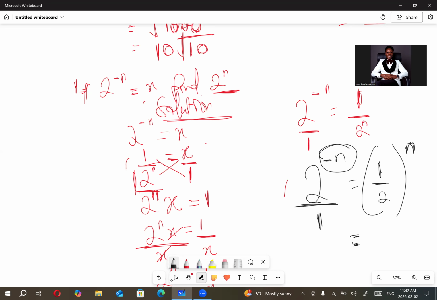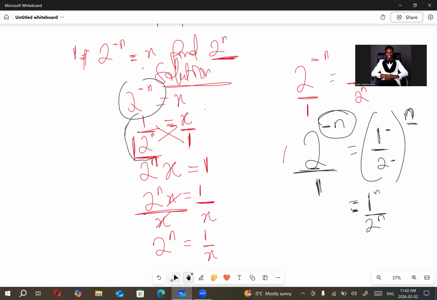One of the rules we learned about the power of a quotient of two numbers is that the power affects each thing in the fraction, in the bracket. So that'll be 1 exponent n over 2 exponent n. 1 exponent n is 1, so you have 1/2 exponent n. If you come back to the solution, that's what you see, for this one equals x.